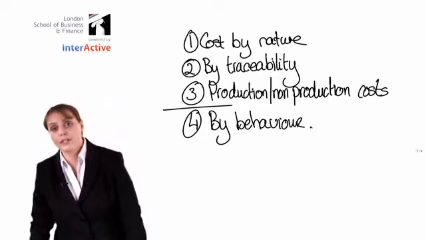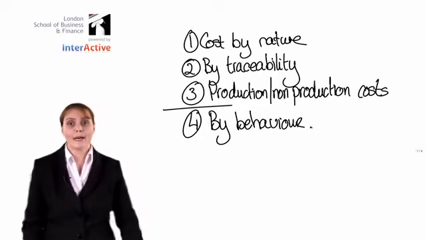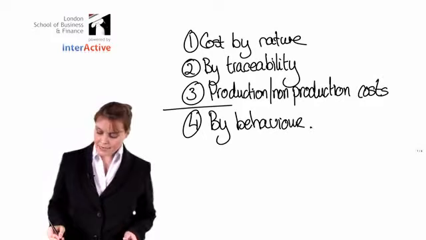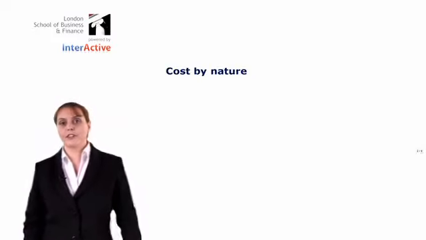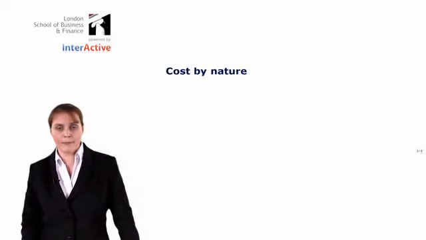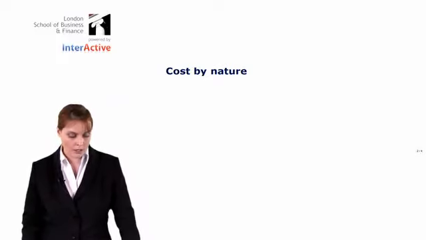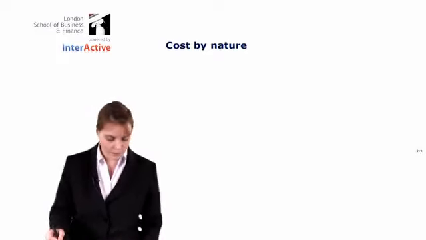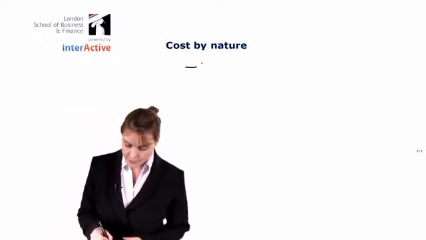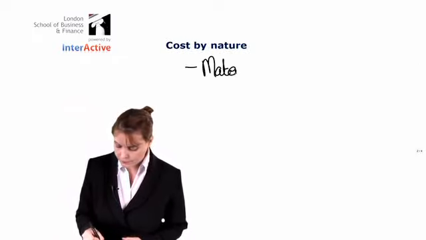So beginning with our first classification then, cost by nature. As I mentioned, there are three different categories which costs can be allocated into. So the first classification by nature is materials.